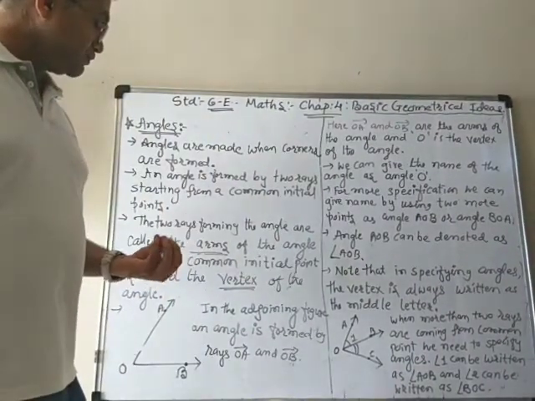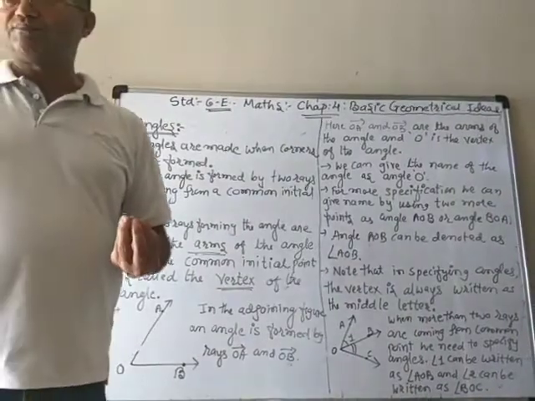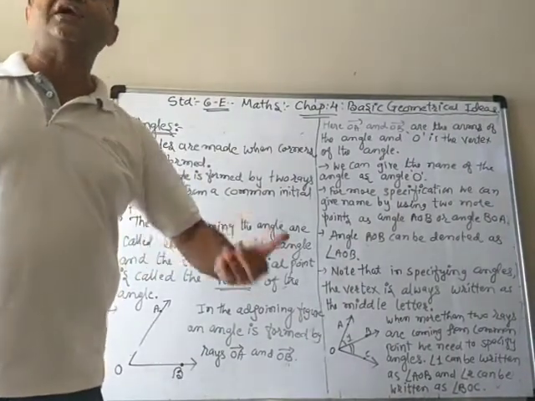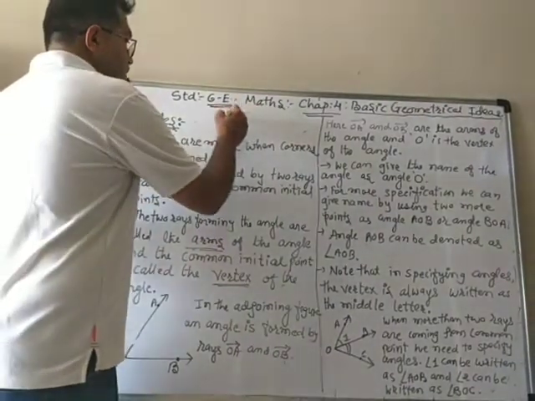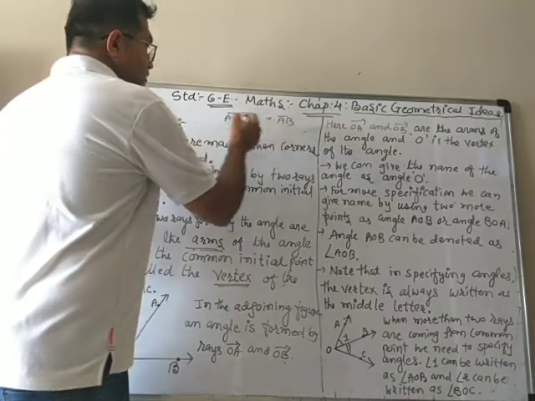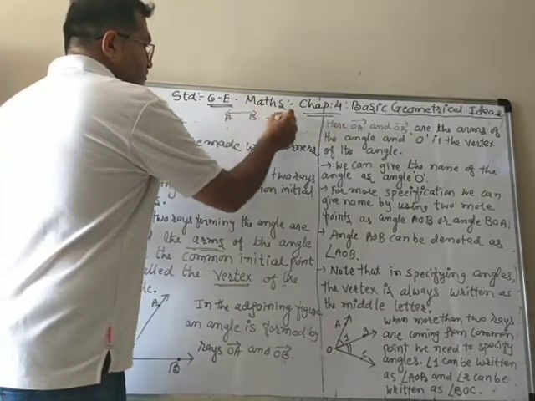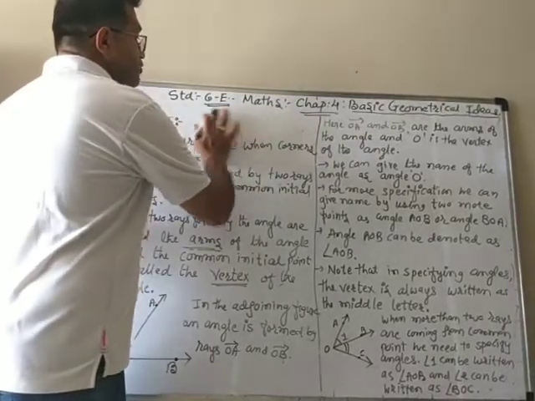Now that the angle is formed, it is important to know how we can name that angle, because we know that when a line segment was formed, we wrote it as line segment AB, and if it was a line, then we wrote line AB. Notations are there. How can we give the name?